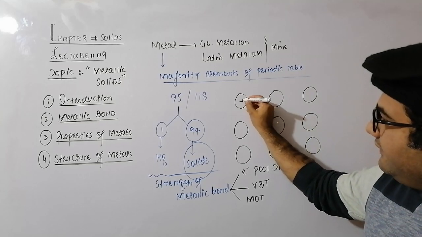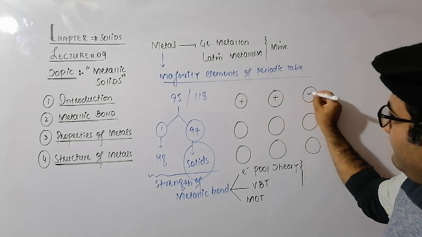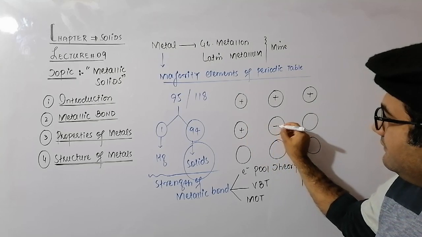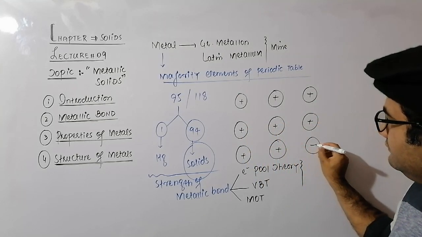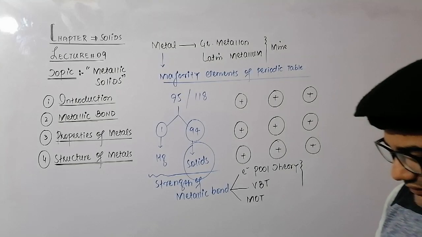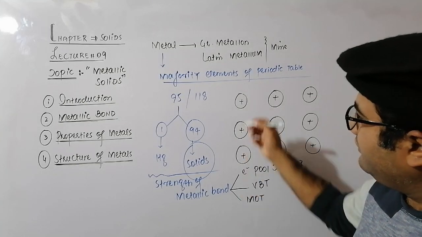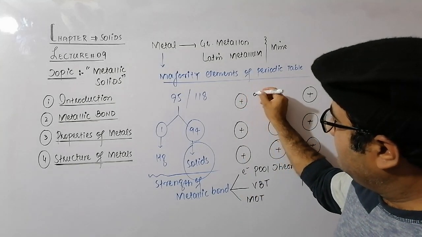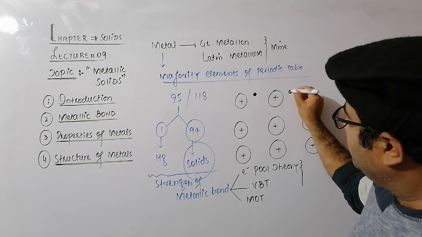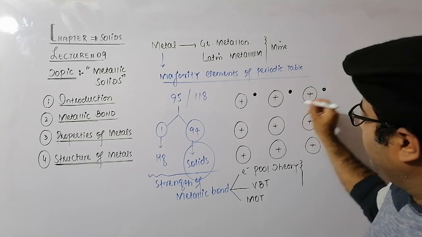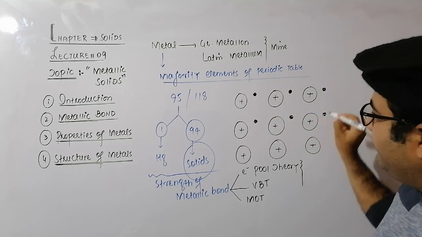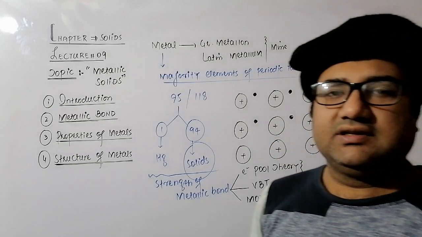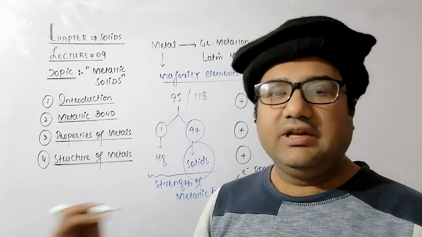These are the metallic cations, and here are the free electrons. Now these electrons never stay between any two atoms, but they move in the whole crystal lattice.